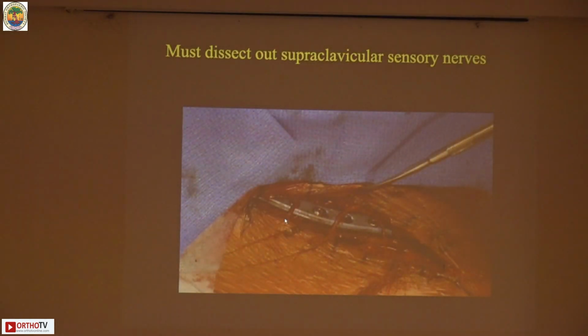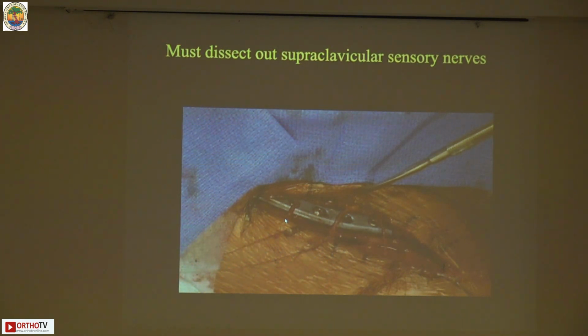Every painstaking effort should be made to identify and protect the supraclavicular nerves by gentle dissection. In case there is any injury to the branches, there may be anesthesia or paresthesia along the incision.